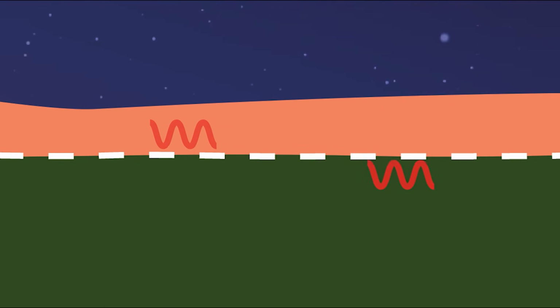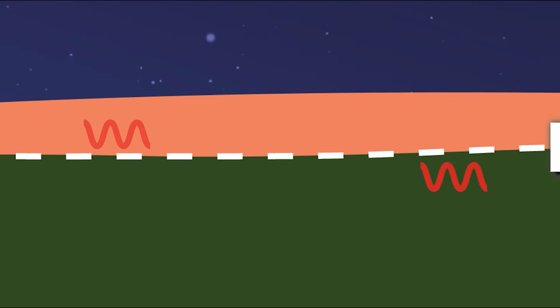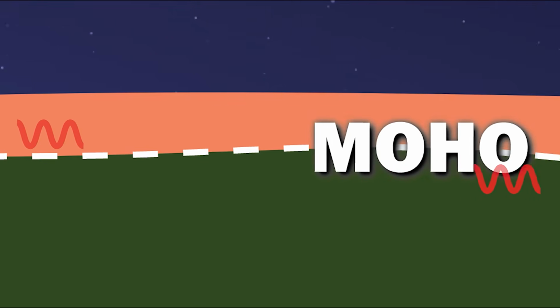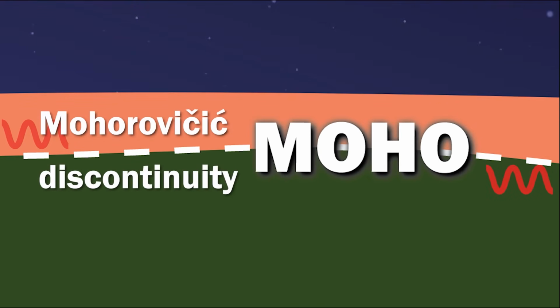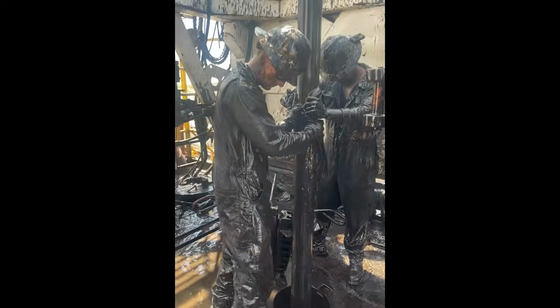Moho realized that much denser rocks lay below the crust, separated from it by the crust-mantle boundary. That boundary is thus appropriately named after him. It is called the Moho discontinuity, or Moho for short. Moho underlies all crust, including the continental crust of the U.S.